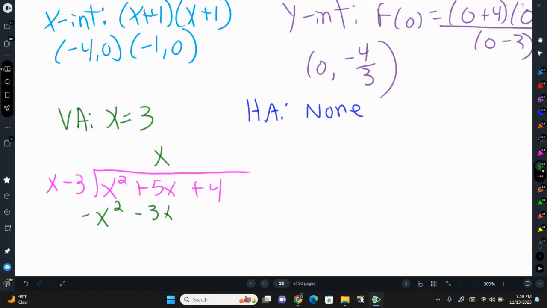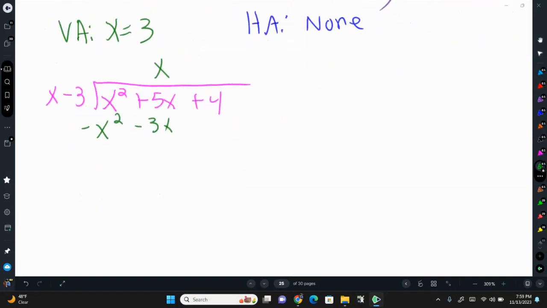Then we subtract. This will give us 8x, and then we bring down the positive 4. All right, x goes into 8x 8 times. So then we get 8x minus 24. And when we subtract, we get positive 28 as a remainder.